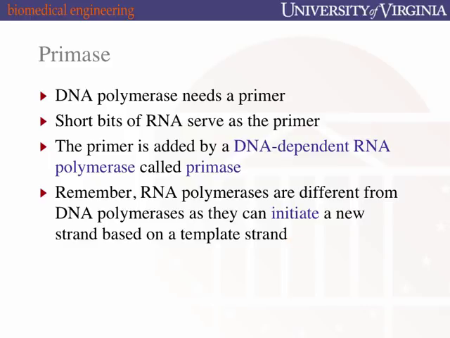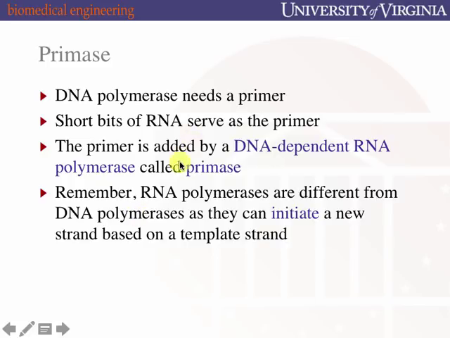So the need for the primer, from an evolutionary standpoint, motivates the need for a primase to be able to lay down some type of primer according to rules that DNA polymerase is constrained by. What sets the primer up is another enzyme called primase.